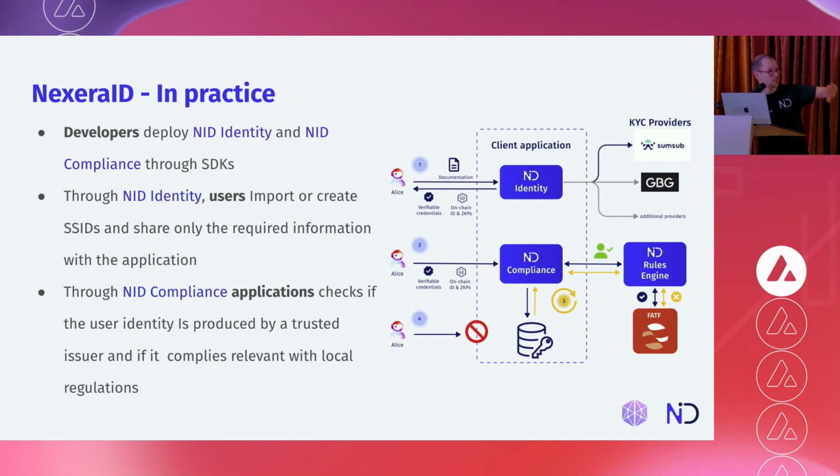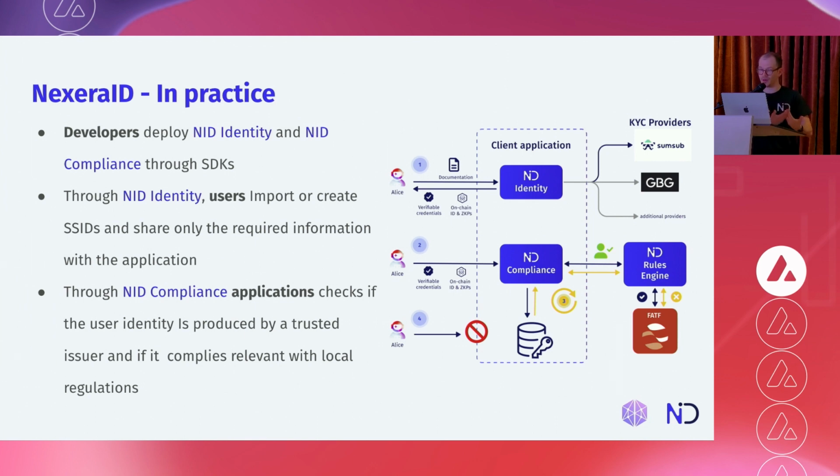And so just to see the big picture in practice, both of these SDKs will get integrated by the client application, and the whole process will happen in two steps for the user. You'll see in the demo in a second as well. Through the identity module, the user will get in possession of verifiable credentials and ZK proofs, and move those on-chain.